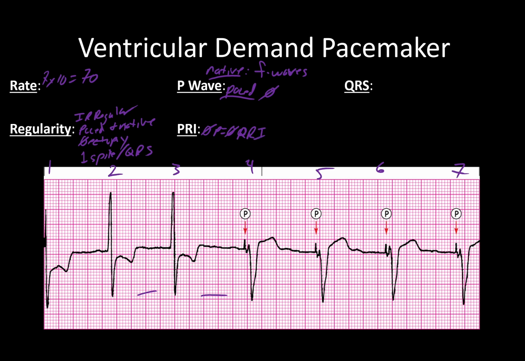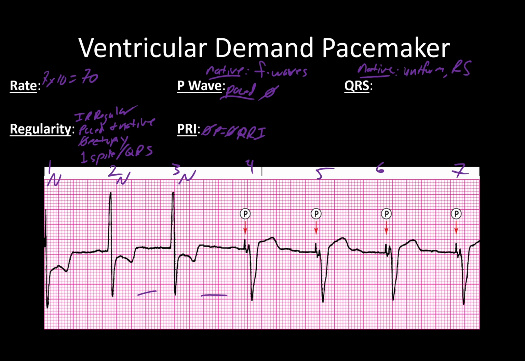PRI. The QRS, native. And so our native beats are actually, I'll put an N next to these, are 1, 2, and 3. And those are uniform. They have the RS pattern.